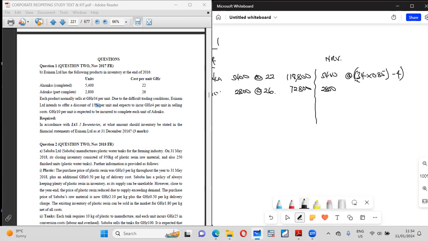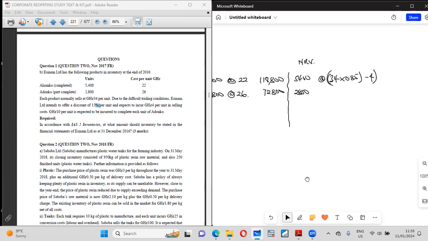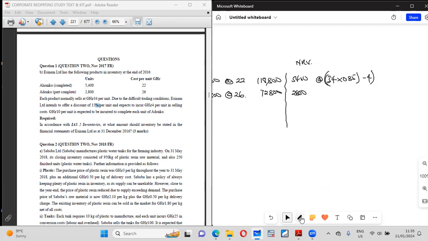So if you now multiply it by the 5,400, the amount you are getting will be somewhere around 134,460. So that is what it will be.